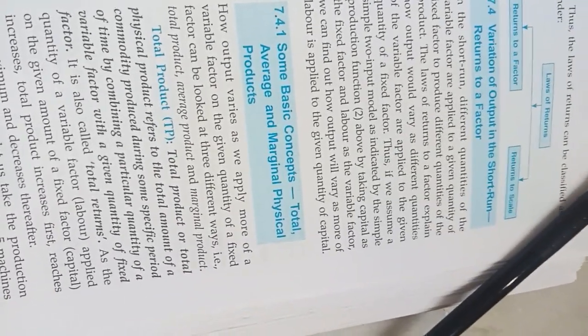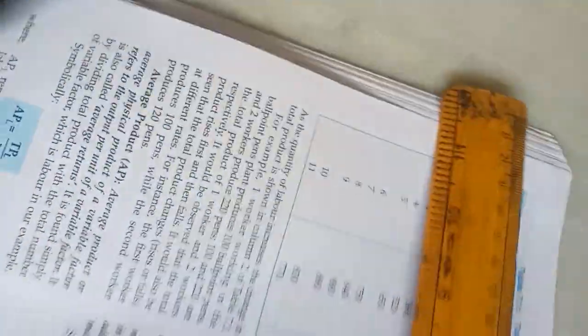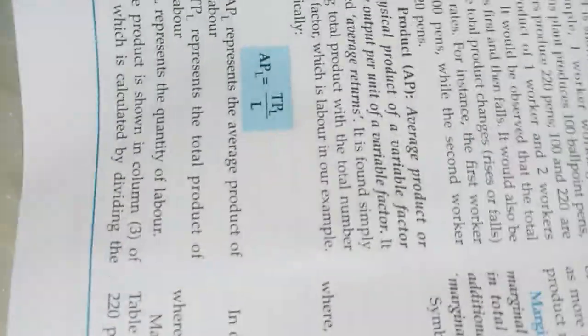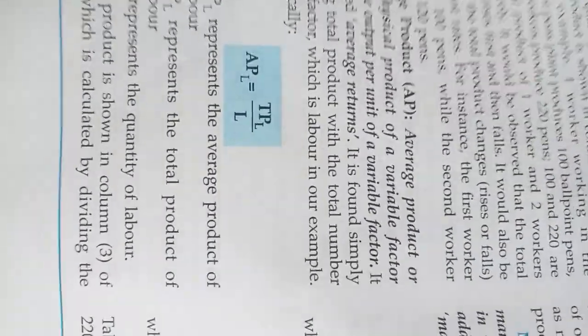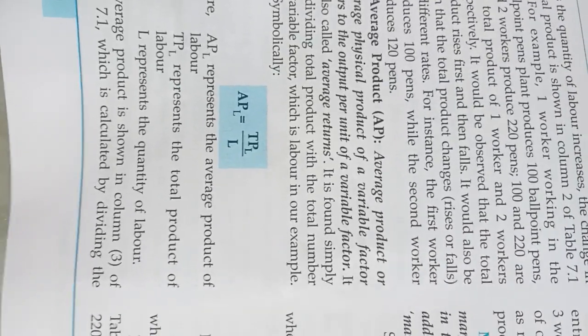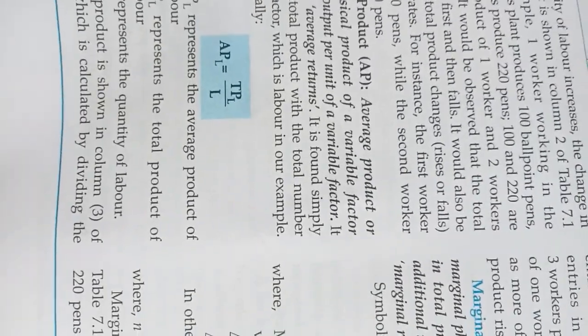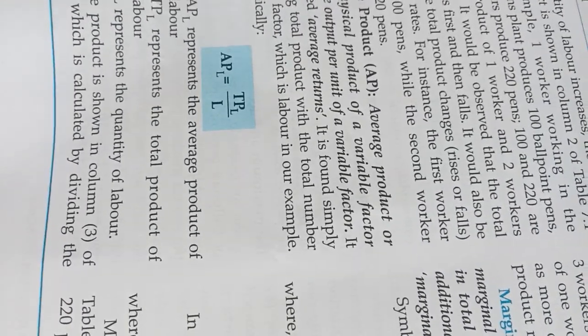Next is average product. Average product is the total product produced per unit of the variable factor employed. Average product or average physical product, same thing, of a variable factor refers to the total output produced per unit of the variable factor. We generally consider labor as the variable factor.